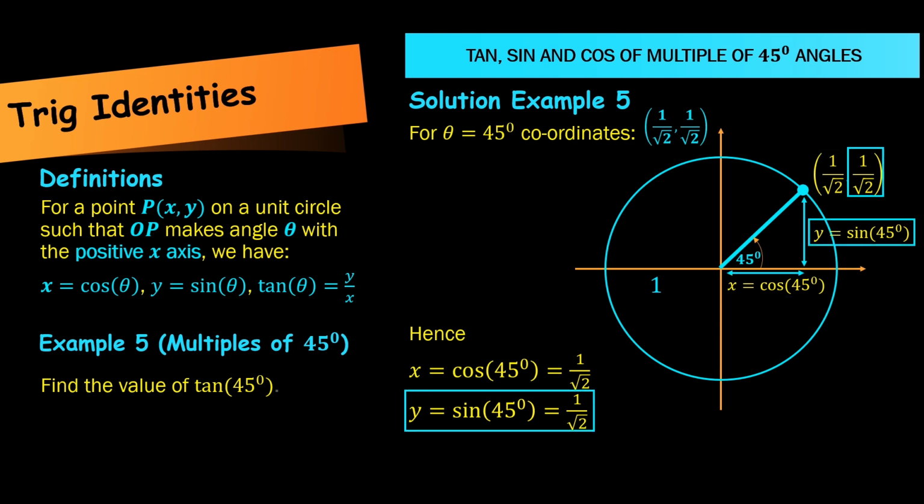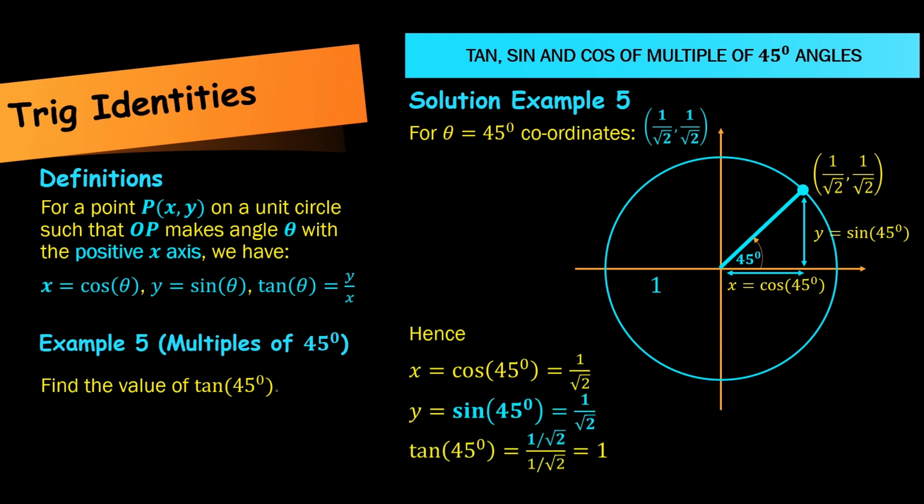And y equals sine 45 degrees from the definition, and this equals 1 over root 2 from the diagram. So let's substitute the values of y and x. So here's y, and here's x. And of course, dividing one by the other gives us 1. So tan 45 degrees equals 1.